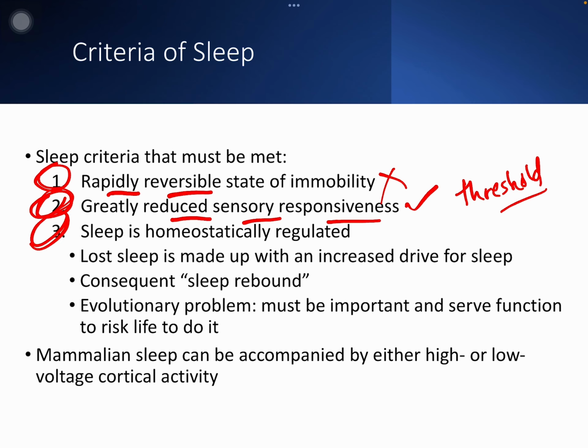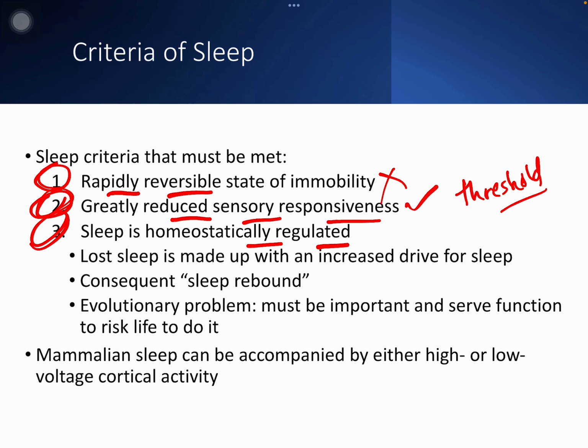And number three is that sleep must be homeostatically regulated. Okay, so if you have an organism that sleeps, if they don't sleep, you have to be able to see that the animal or organism wants to engage in sleep when they're deprived, okay? Homeostasis is essentially balance, right?